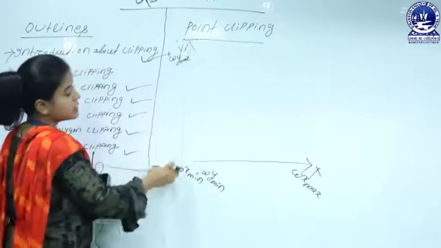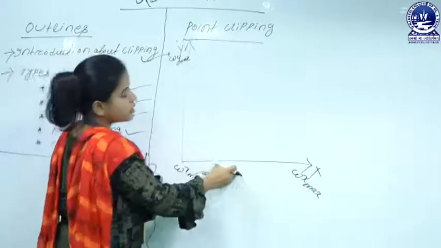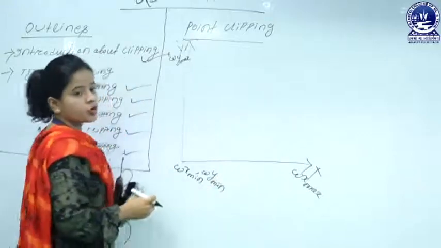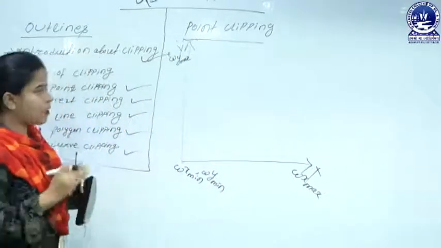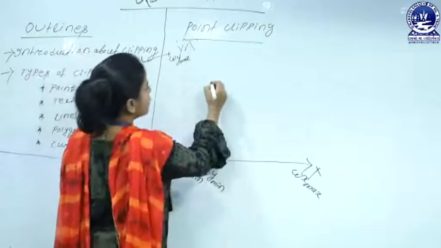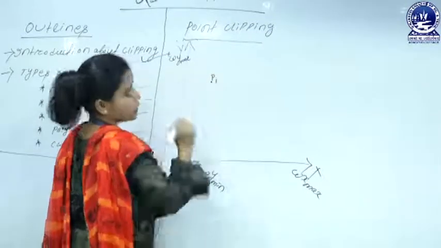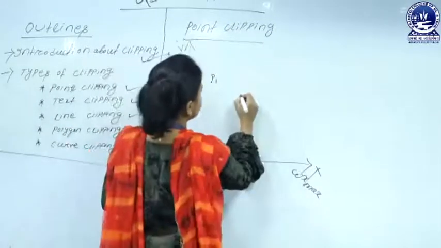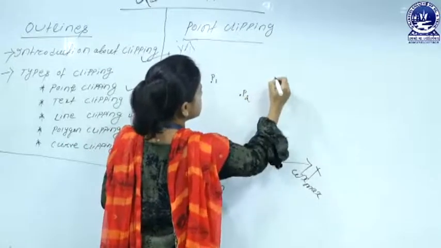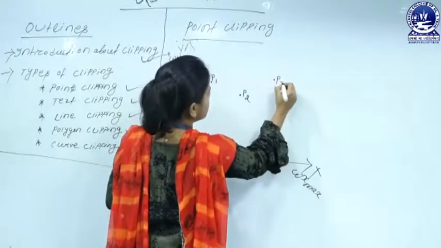Using these 4 window coordinate values, we now provide 3 pixel points. Suppose the first pixel point is P1, the second pixel point is P2, and the third pixel point is P3.